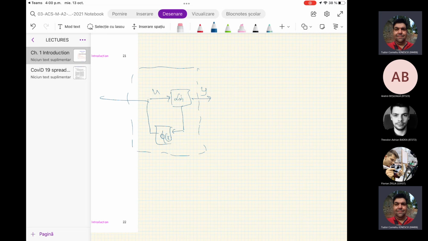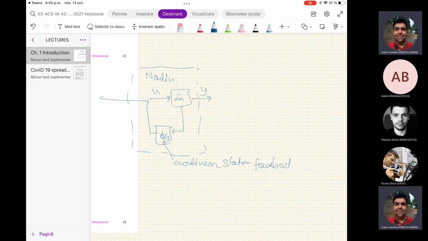We can do that. So this is a nonlinear state feedback.